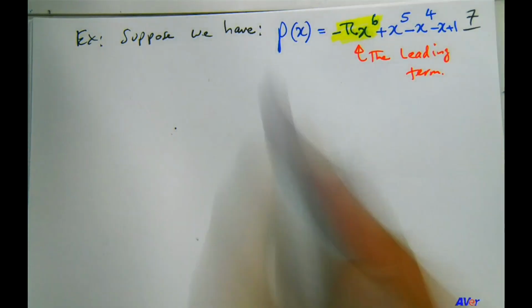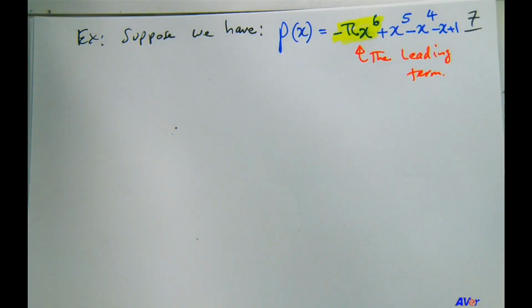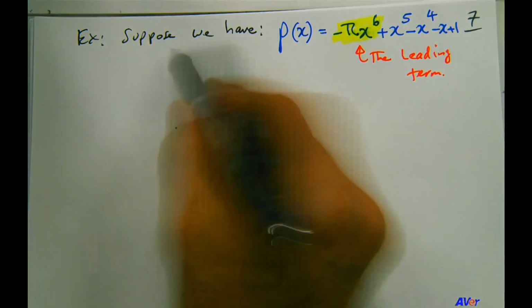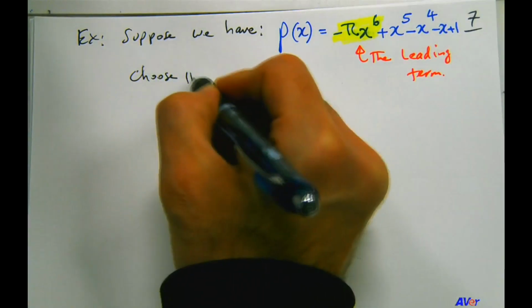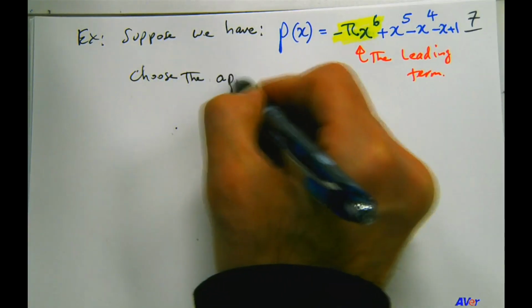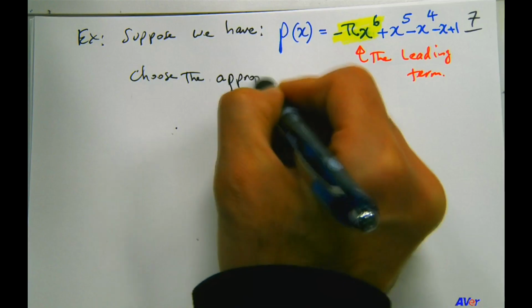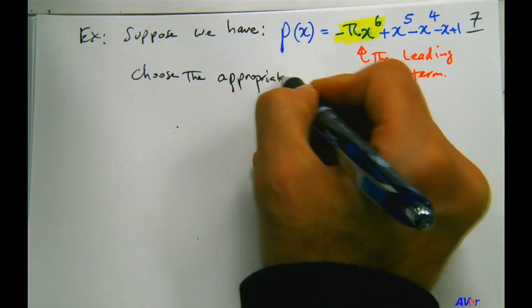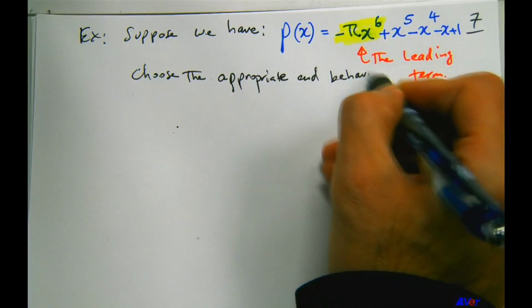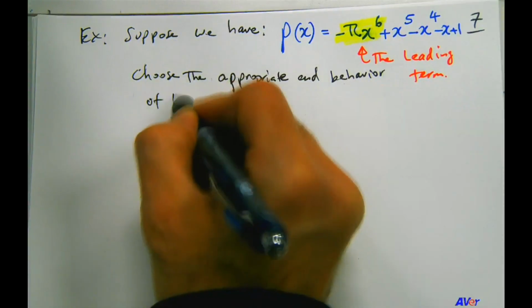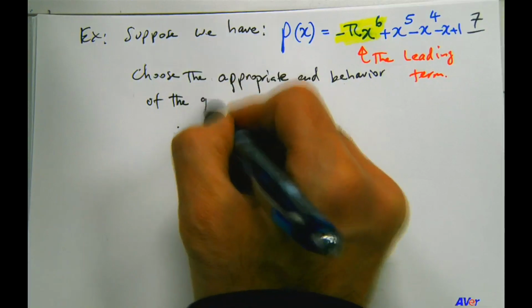As you think about that, let me list the answers for this. Suppose we have that. Choose the appropriate end behavior of the graph of this function.